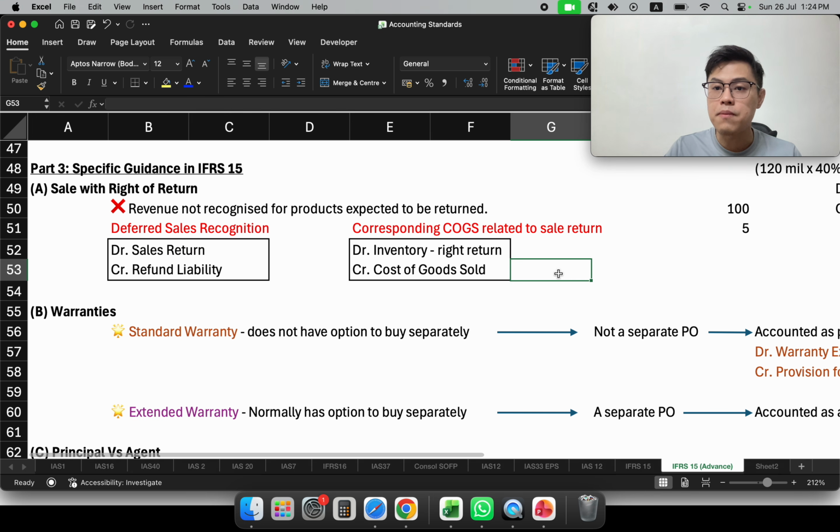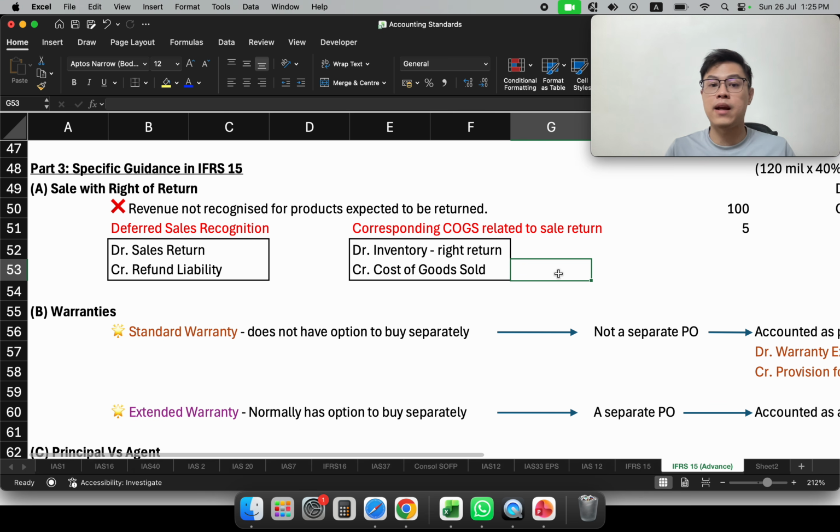Sometimes you're unable to estimate a percentage because it's something new to you, but you know there's a right of return for that batch of goods. Let's say we close our invoice today, and there is a right of return in 3 months' time. We will 100% delay these sales until after 3 months.